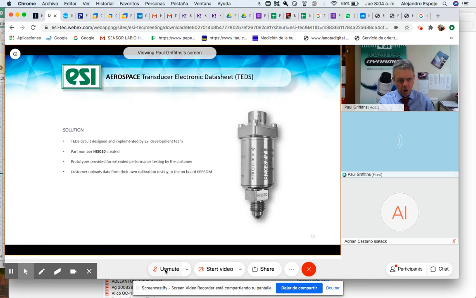And our product, thankfully, was far better performance than Q-Lite. So again, this is silicon on sapphire sensor technology. The pressure port is titanium, and the rest of the housing is stainless steel.